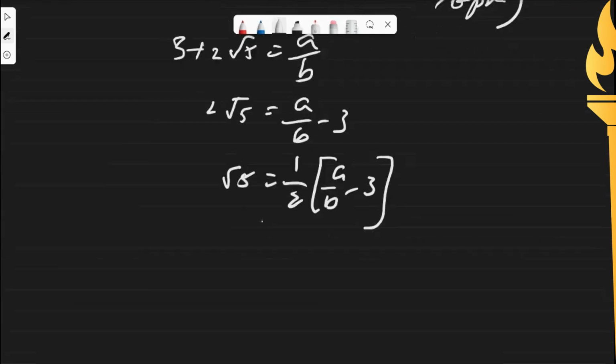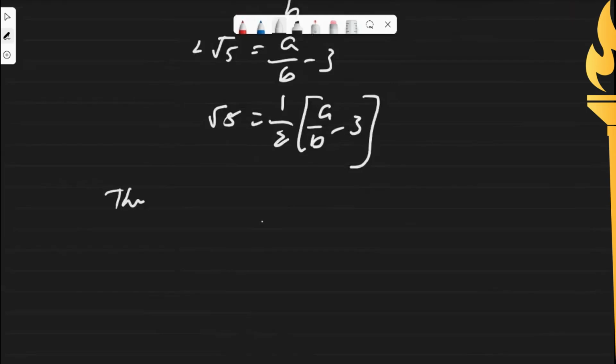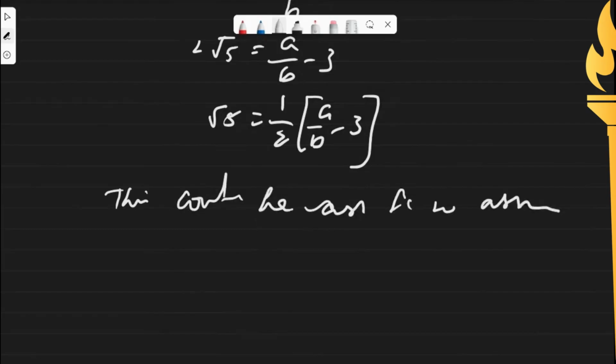A rational number cannot be equal to an irrational number. This contradiction has arisen from the wrong assumption. Therefore, our assumption is wrong, and 3 plus 2 root 5 is irrational.